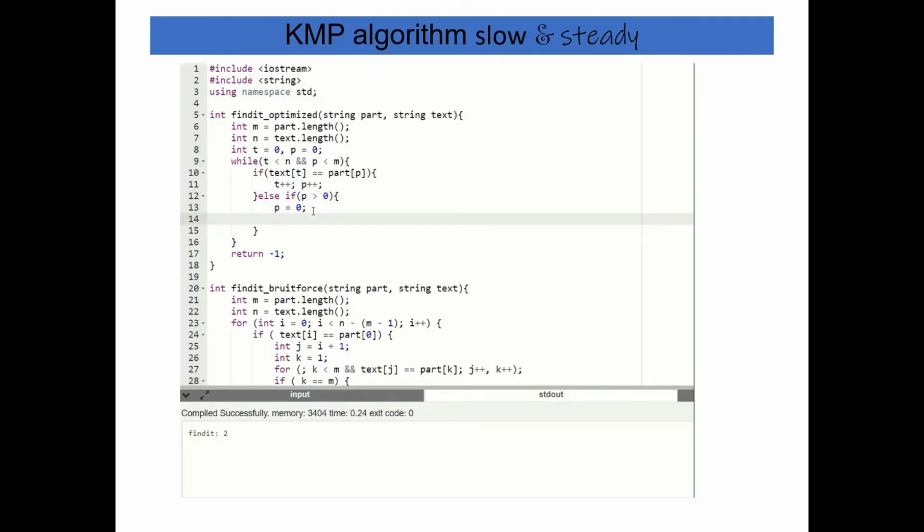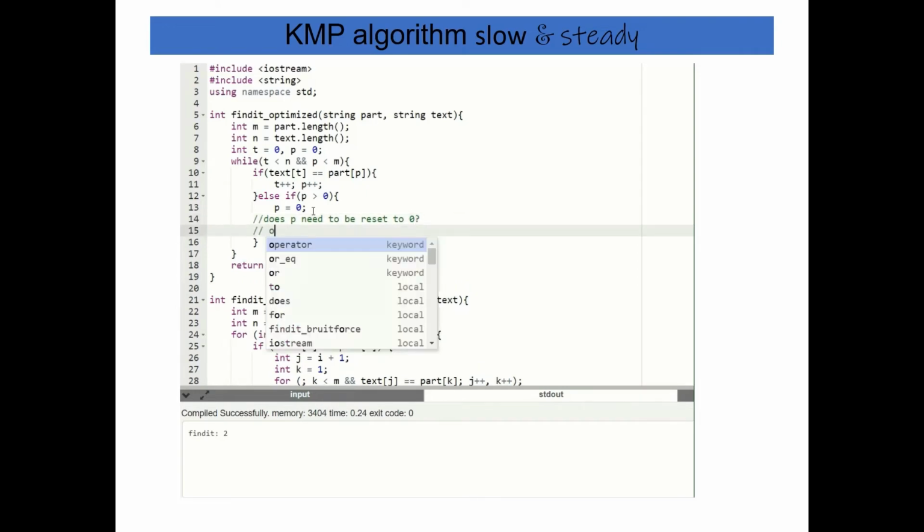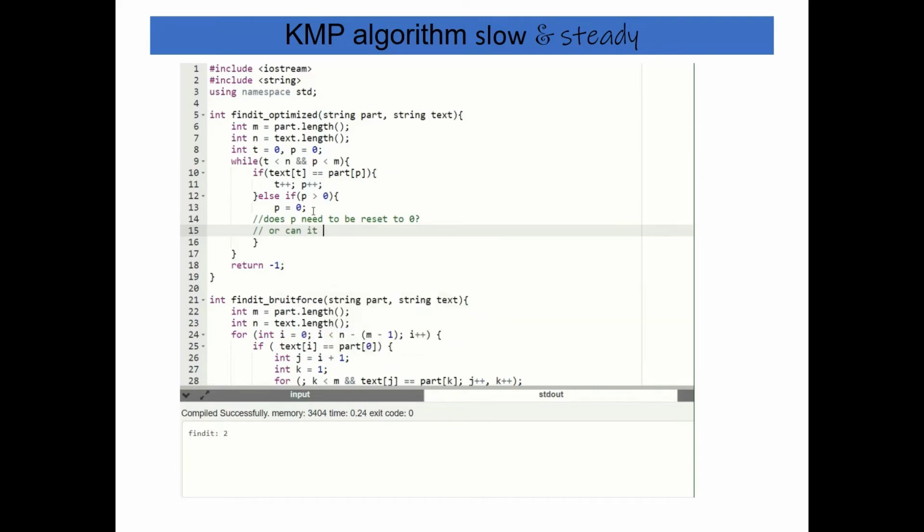Now this is something which we may want to reconsider, whether what happens to p. Does p need to be reset to 0, or can it go somewhere greater than 0 and less than p? This is still not very clearly defined.